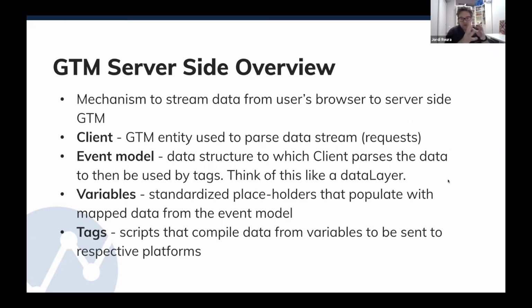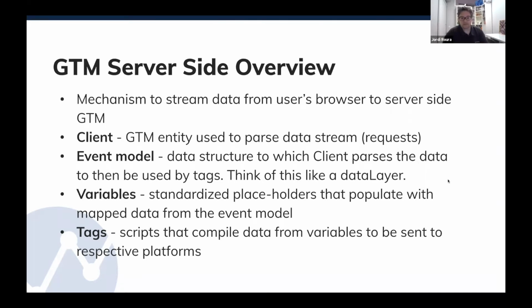There is a very strong focus on the data model, obviously, because the data needs to be packaged in a way that's going to be understood, first by the client and then by the different tags. So it's very important to have a comprehensive data event model. We're going to be storing that data in variables. This is not different to general tag management, where the data is stored in variables for its use.